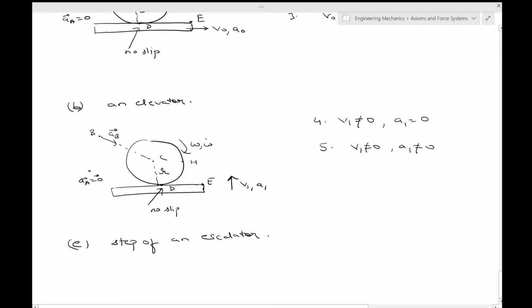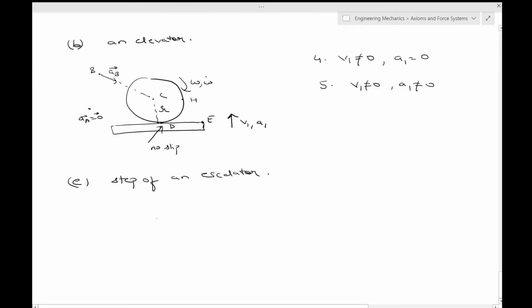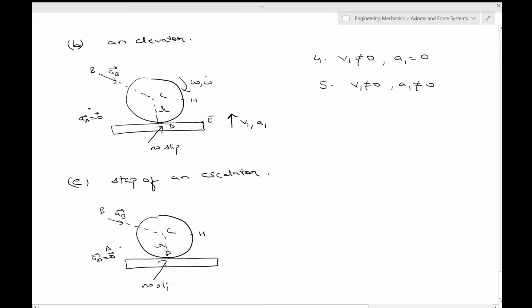So in this case we'll have point T, H, C, B, A, B, acceleration of A is 0, R, again no slip. This time this should have a V2, A2.